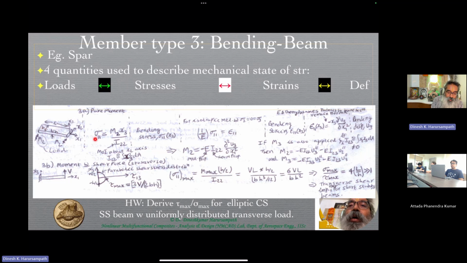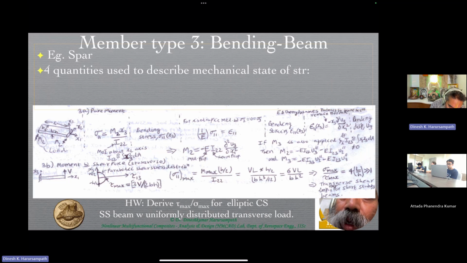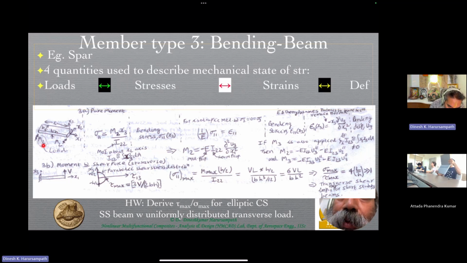So instead of being along the x1 direction, it is now along the x2 direction, the positive x2 direction, as I have indicated over here, which is what you see as M2. The double-headed arrow is towards the positive direction of the x2 axis, so that it is positive.